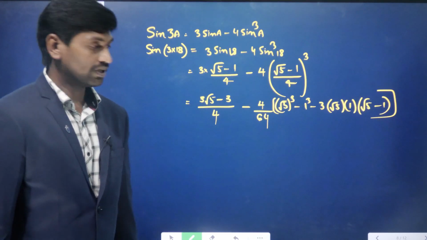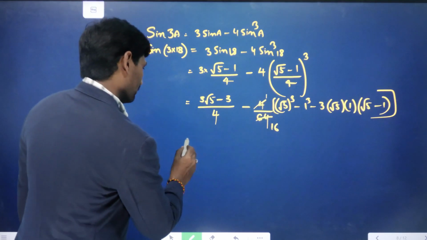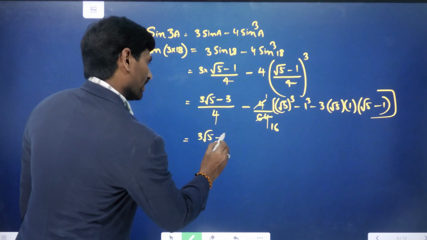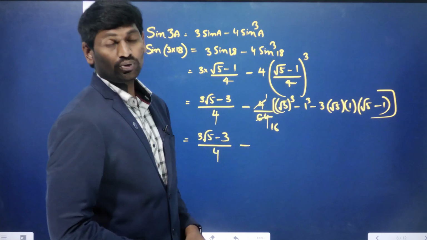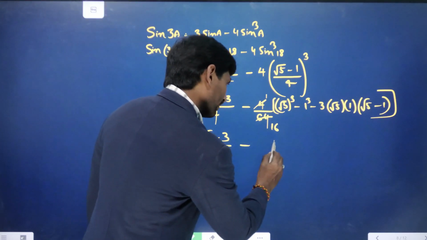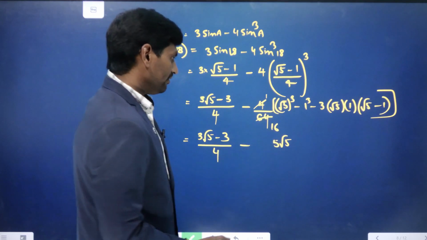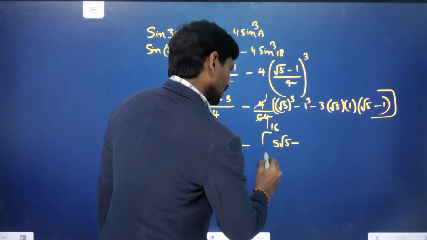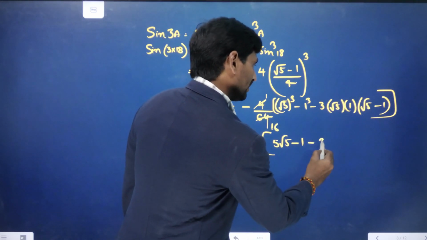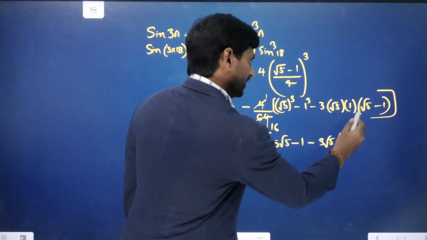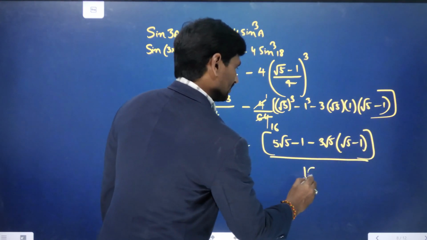Now 4 times 16, here 1 time. This will be 3 root 5 minus 3 by 4 minus 5 cube. Root 5 whole cube means 5 root 5, minus 1 cube value is 1. 3 into root 5 is 3 root 5 into root 5 minus 1 divided by 16.